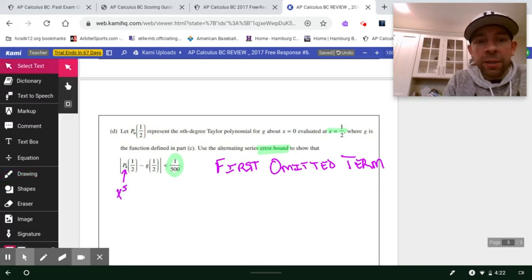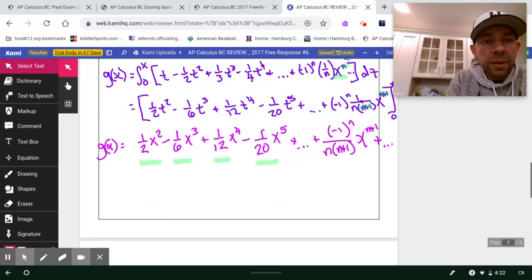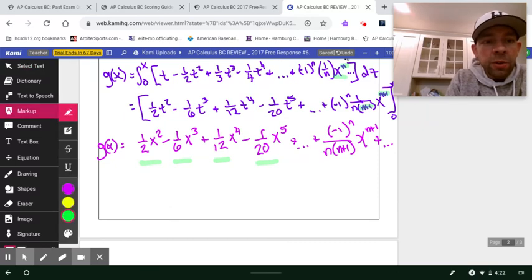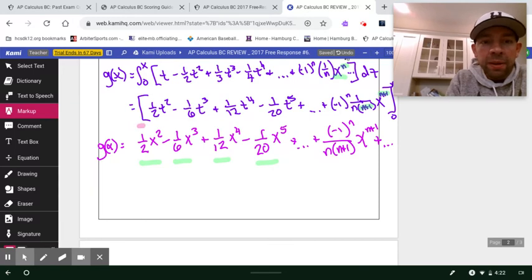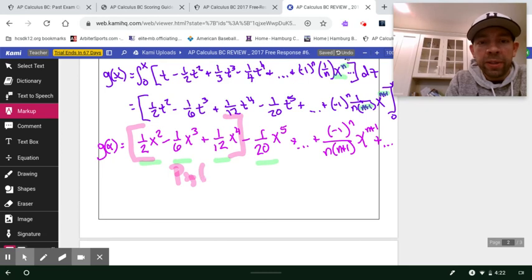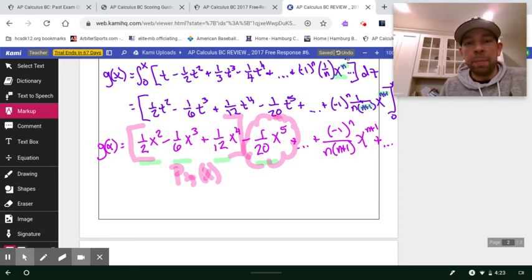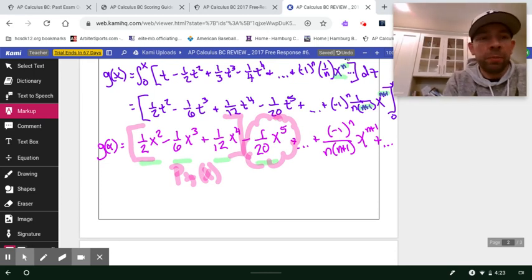So let's go back up here and look at our answer. Everything from here to here is considered p sub 4, that's your 4th degree polynomial. So right here is your first omitted term, and basically we're looking at the magnitude, or the absolute value, of that term.